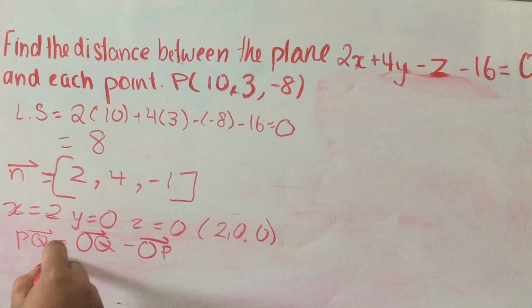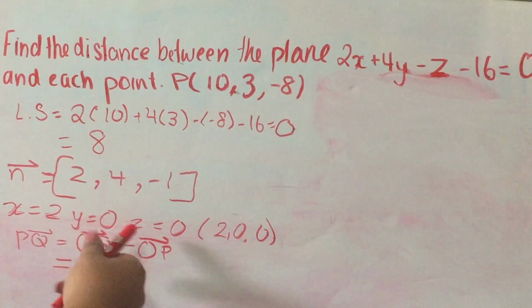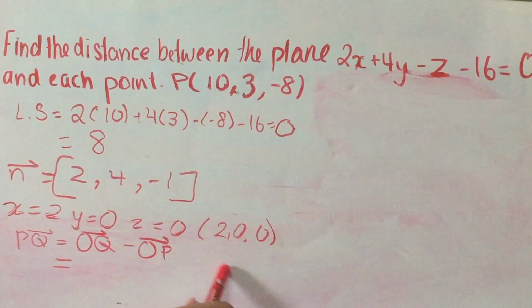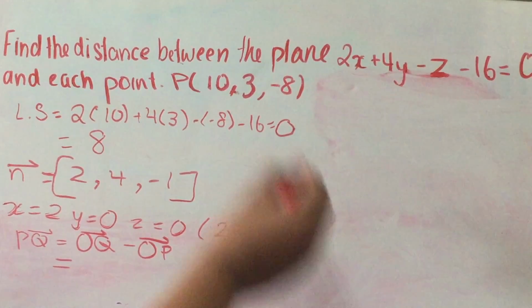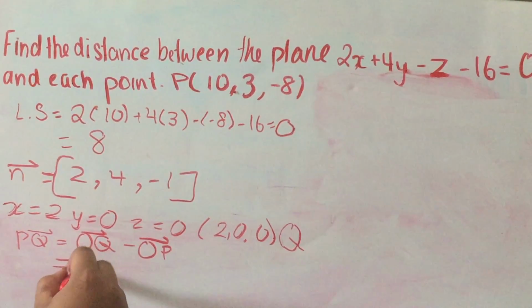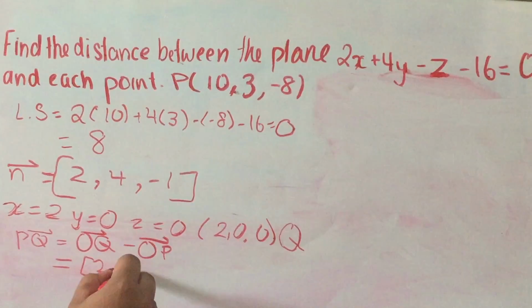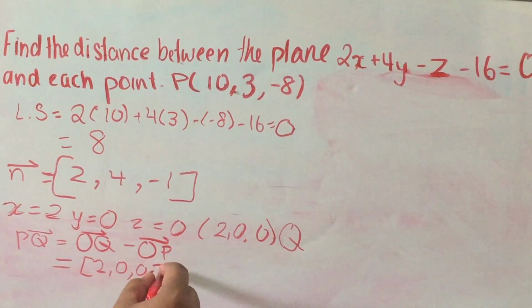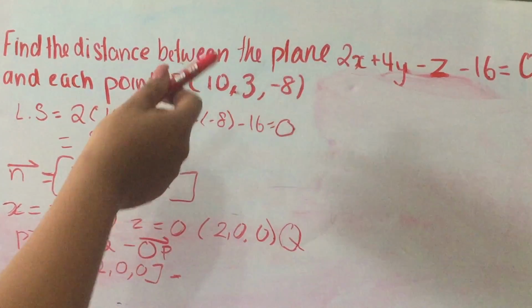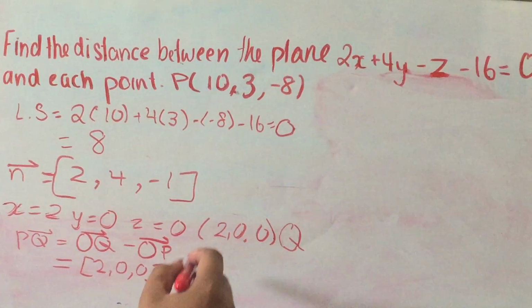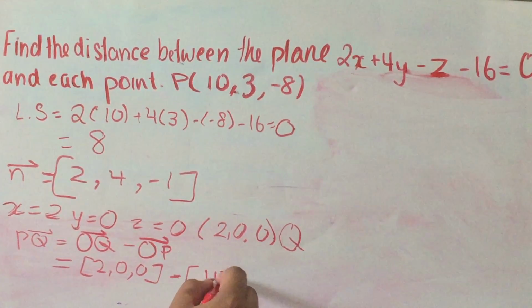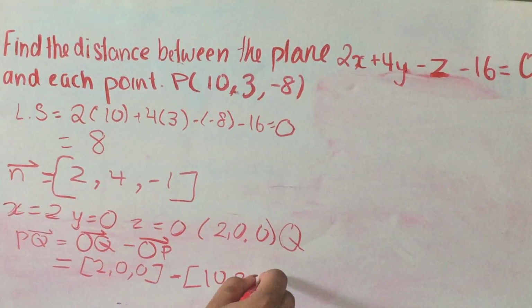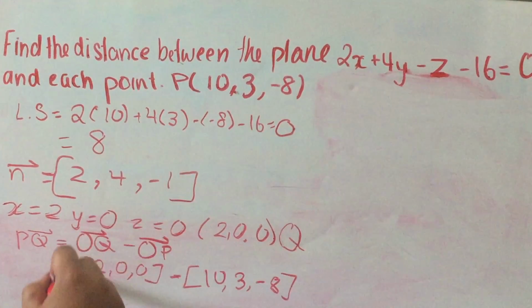So in this case, OQ would be the vector we just found. So OQ would be 2, 0, 0. And then OP would be the point that was already given to us. So that would be 10, 3, negative 8. And we're just going to subtract, and that will give us PQ.